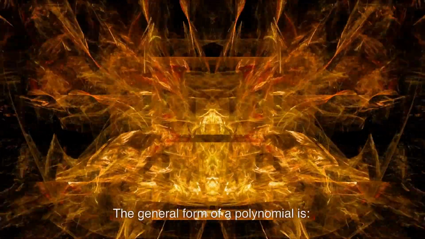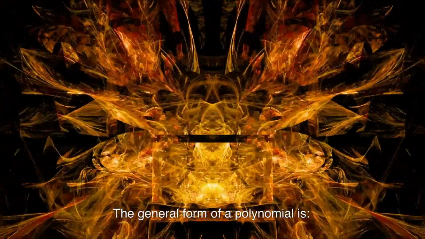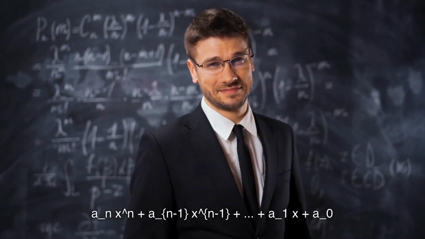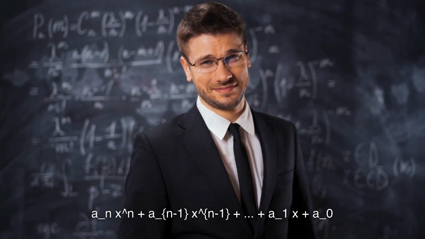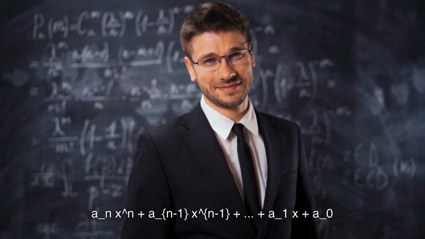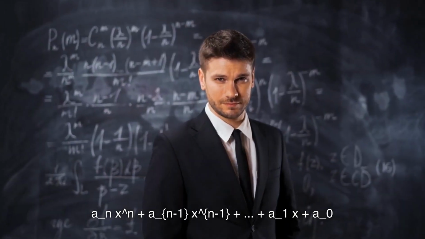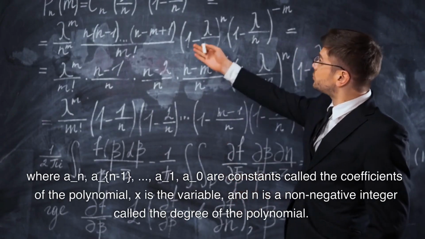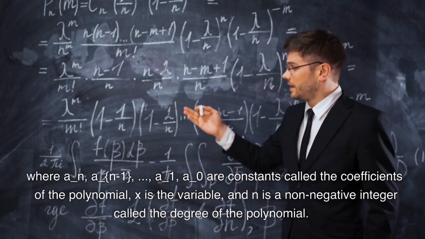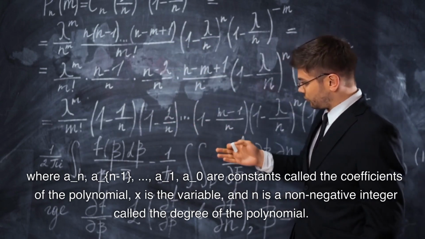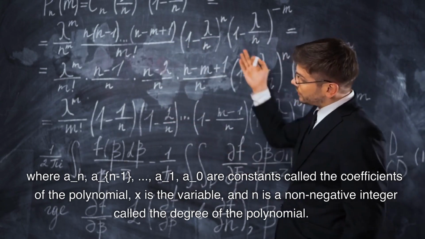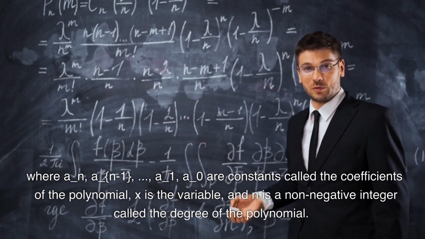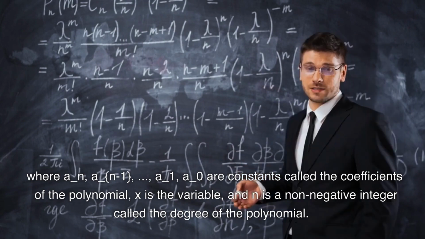The general form of a polynomial is a_n x^n + a_(n-1) x^(n-1) + ... + a_1 x + a_0, where a_n, a_(n-1), ..., a_1, a_0 are constants called the coefficients of the polynomial, x is the variable, and n is a non-negative integer called the degree of the polynomial.